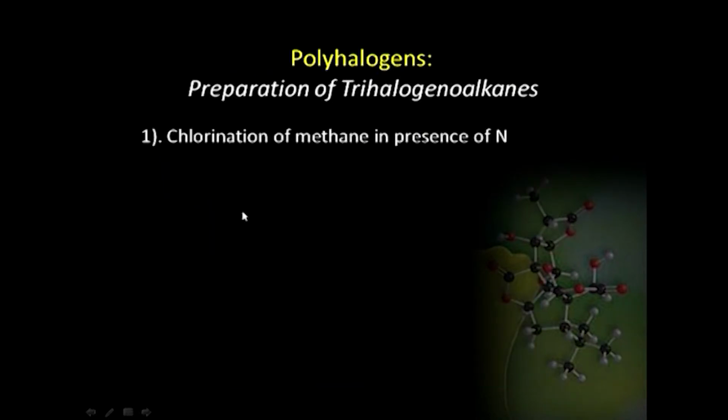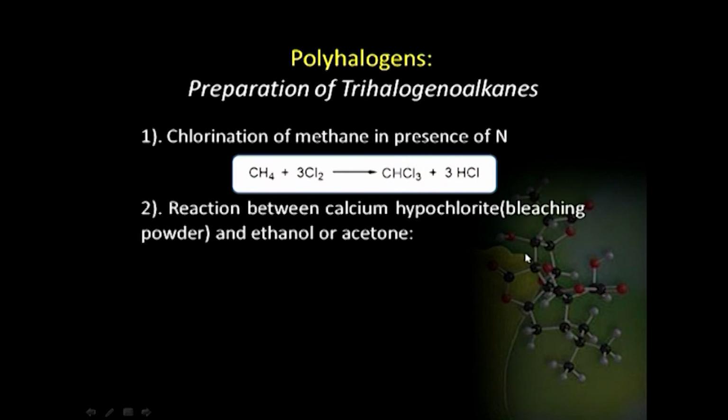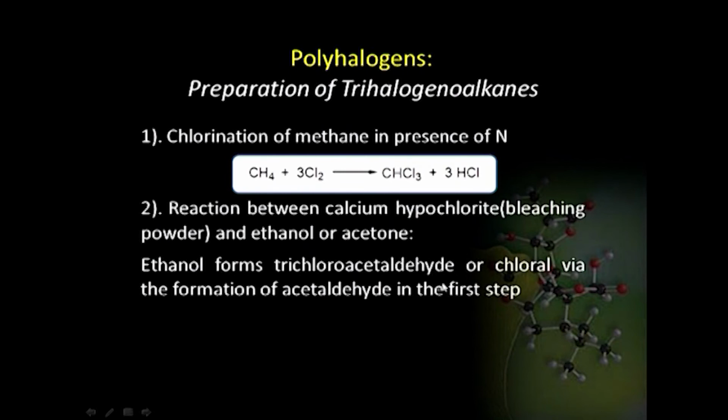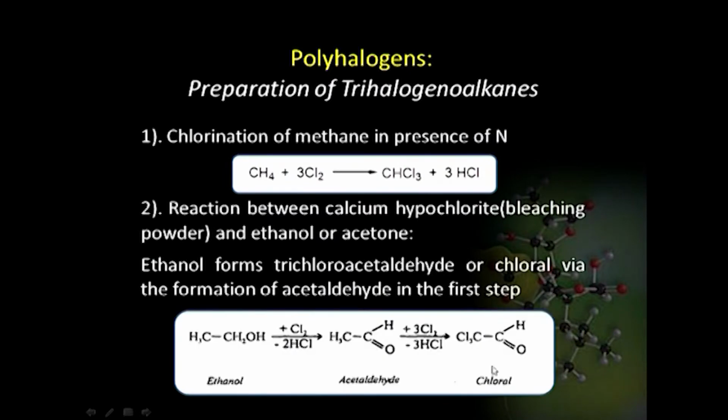The trihalogenoalkanes can be prepared by the chlorination of methane in presence of nitrogen, and also the reaction between calcium hypochlorite or bleaching powder and ethanol or acetone. Ethanol forms trichloroacetaldehyde or chloral via the formation of acetaldehyde in the first step. So, this is the chloral which gets formed in first step.